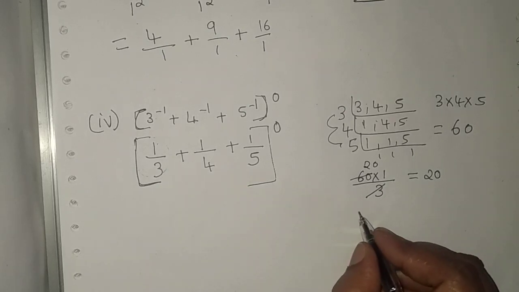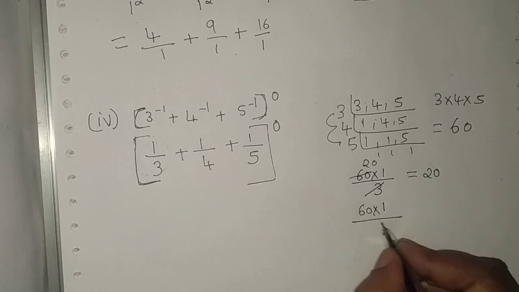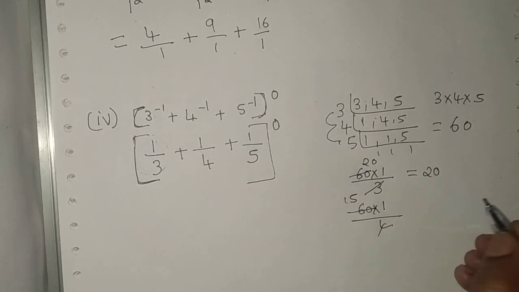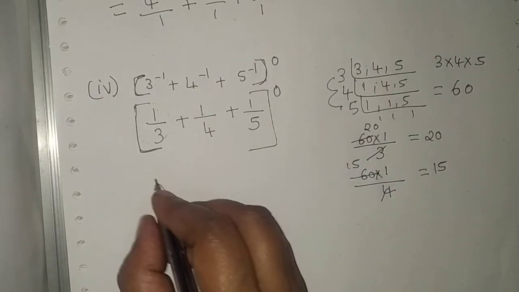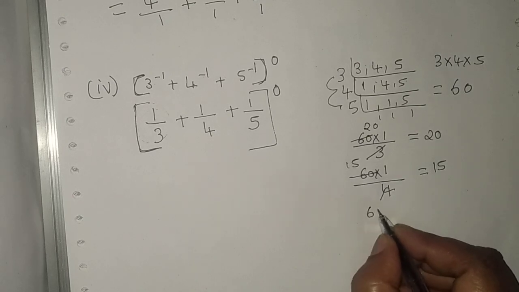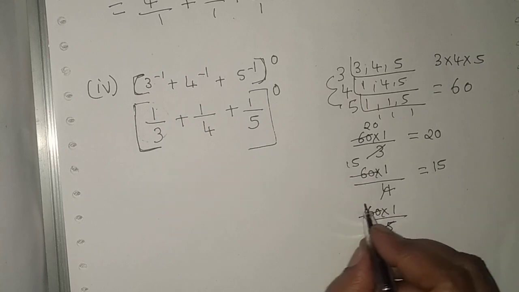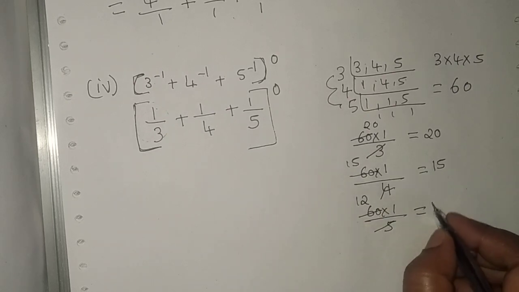So next, what is there? 1 by 4. Therefore 60 into 1 by 4. 4 fifteens are 60, therefore we get 15. We write that here. Next is 1 by 5, so 60 into 1 by 5. 5 twelves are 60, which is equal to 12.